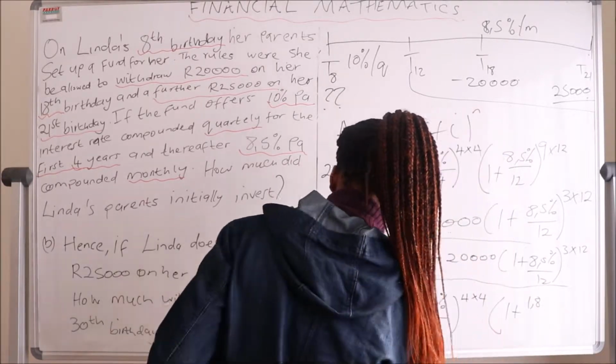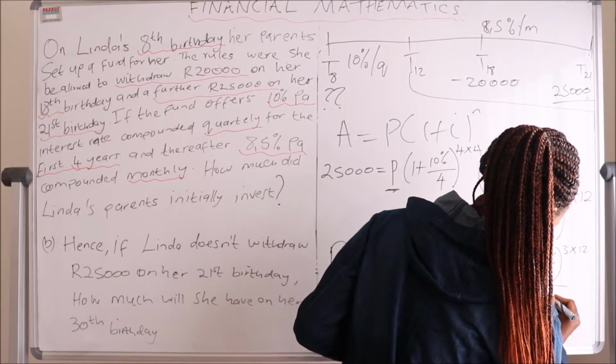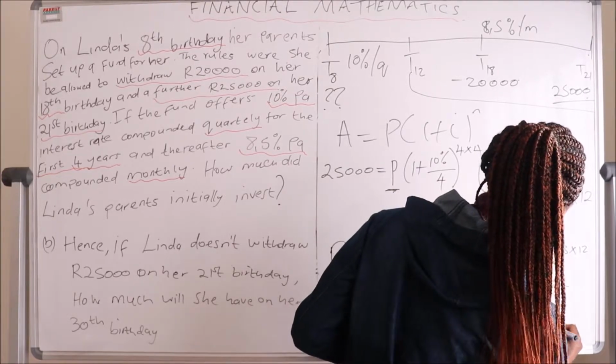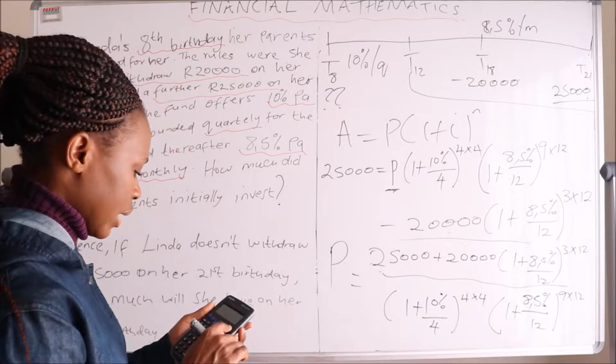So guys, it's actually 8.5% divided by 12 to the exponent of 9 multiplied by 12, and this right here will give us the right answer.